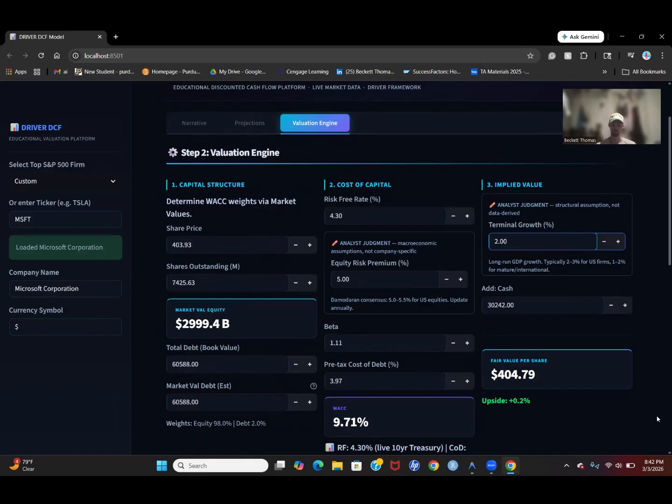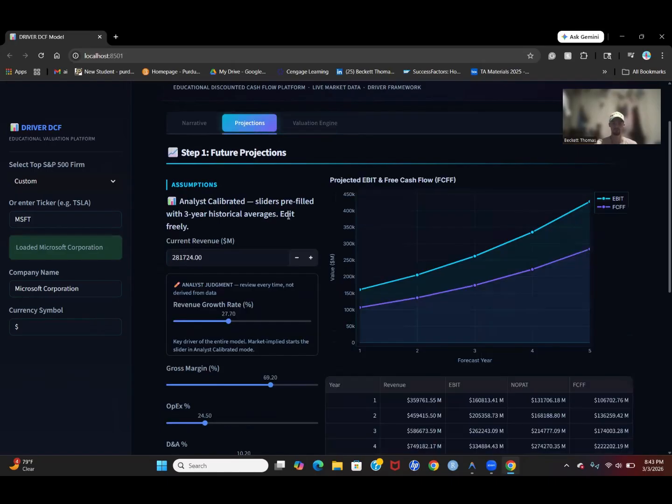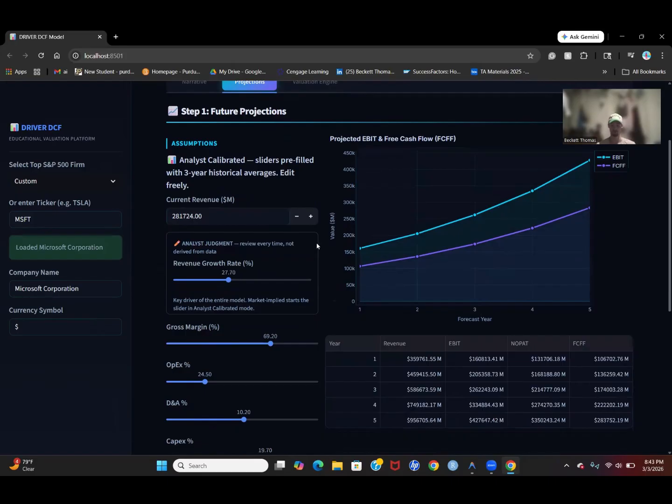Look at the analyst calibrated mode here. The market implied growth rate for Microsoft is 27.7%, and comparing to Apple's at 27%, the market is pricing in less growth for Apple than it is for Microsoft.